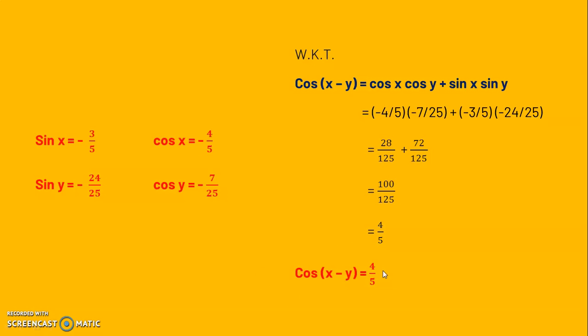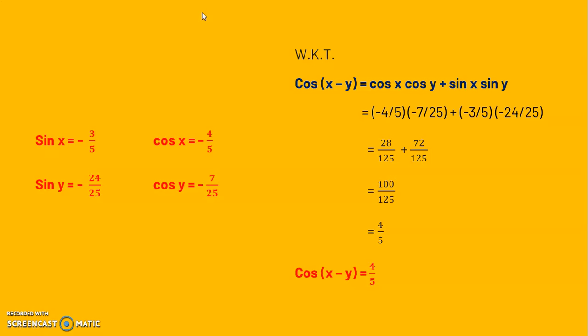So this is the one we had to find out. Okay. So now we have found the value of cos of x minus y, which is equal to 4 divided by 5, with the help of the Pythagoras theorem and this formula. So we first have to know the formula for cos of x minus y and what all the terms are, that is cos x cos y plus sin x sin y, and we have cos x and sin y in the given problem.